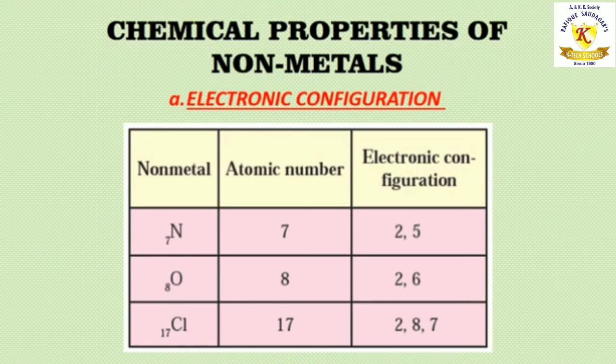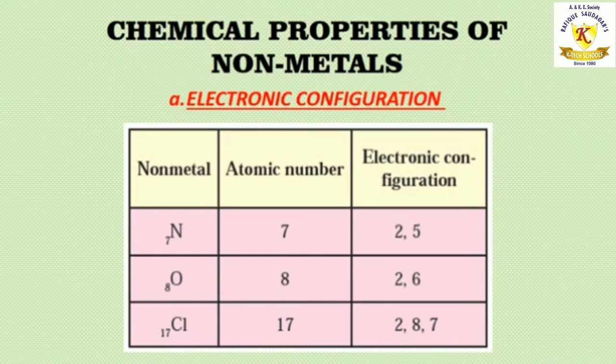The first non-metal, nitrogen, has electronic configuration 2, 5. That means there are 5 electrons in the outermost shell, that is orbit. The next, oxygen, has electronic configuration 2, 6.